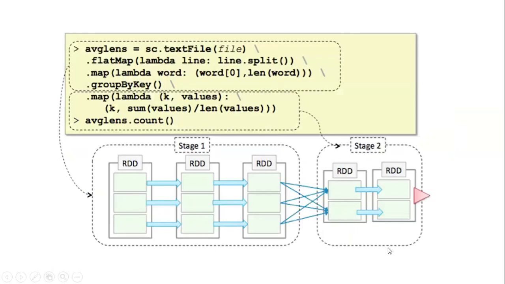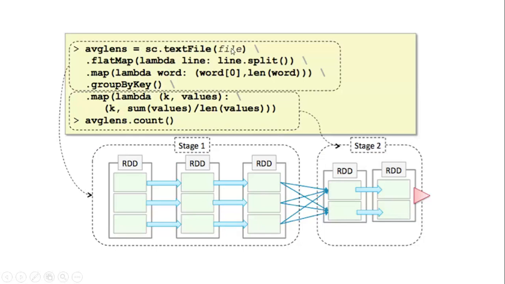Now let me show you a simple code related to the internal operations we have been discussing. Let's say we are just doing a simple word count. You should be familiar with this code by now if you have been looking through the assignment. So average length is equal to the Spark context dot text file.